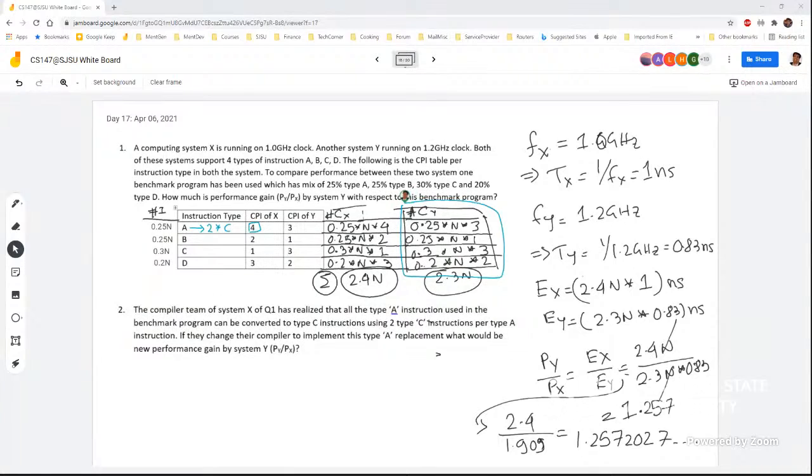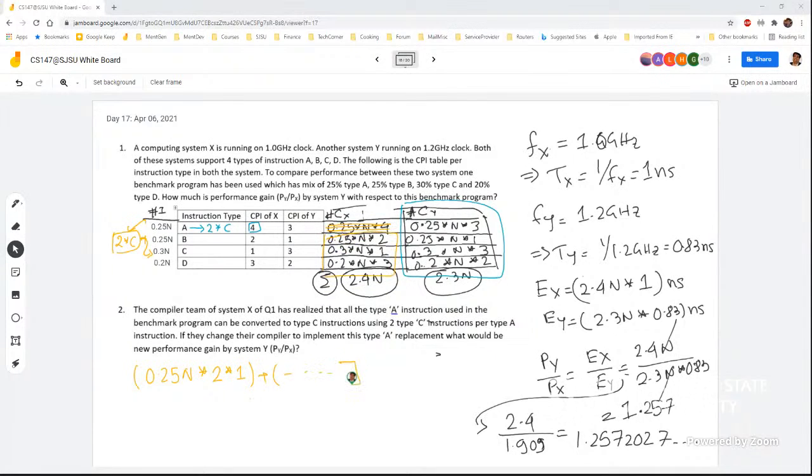What the other team did is drop this and bring in 2C and 0.25N, on top of this, so it added up onto this. So your CPI calculation would become something like, for group A, it is being replaced by C, 0.25N, multiplied by 2 for the C, and CPI of C is 1. Other things remain the same.